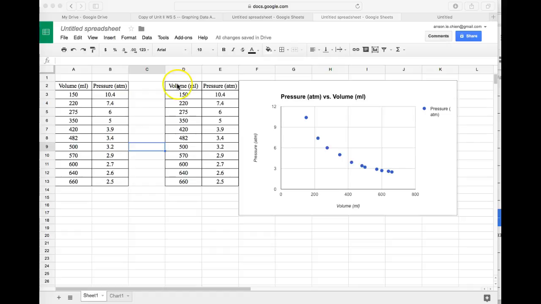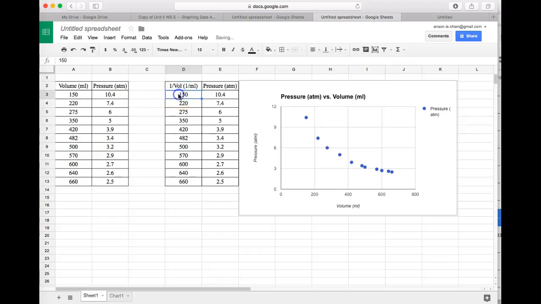So before I do that, I'm going to change the title to 1 divided by the volume, just so I'll remember. And I'm going to just shorten it up. And so our units will now be 1 over milliliters. So it's inversely.